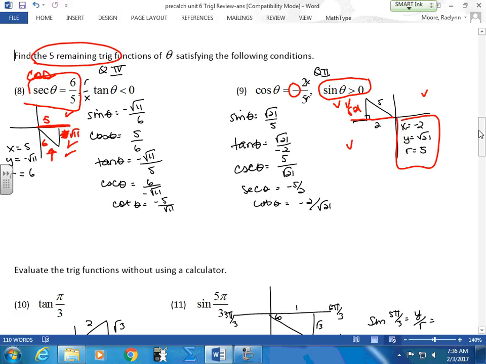Just be careful of your positives and negatives. Do I care where my negative sign falls? If it falls here or here by the 5, even though my 2 is negative, is it okay I put it by the 5? Absolutely. Remember, I can do this, I can do this, or I can do this. It's one negative. It doesn't mean that this guy had to be negative.